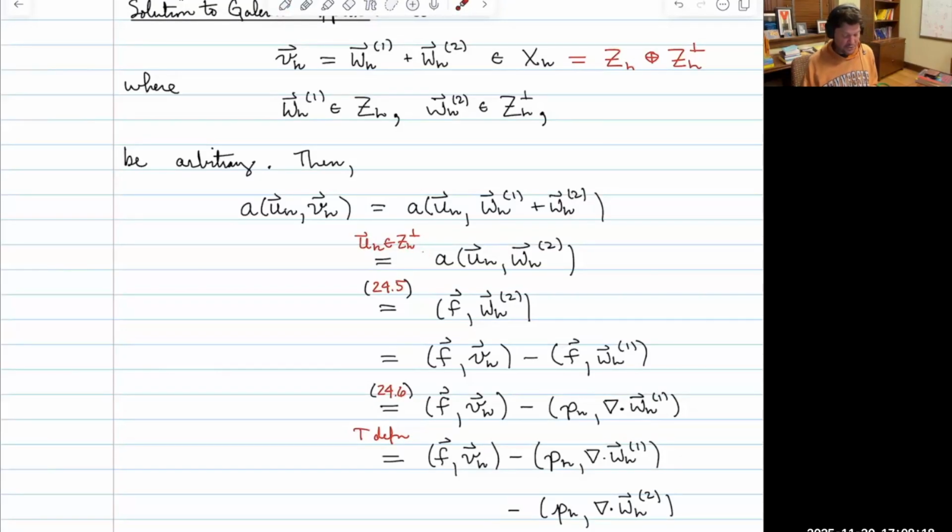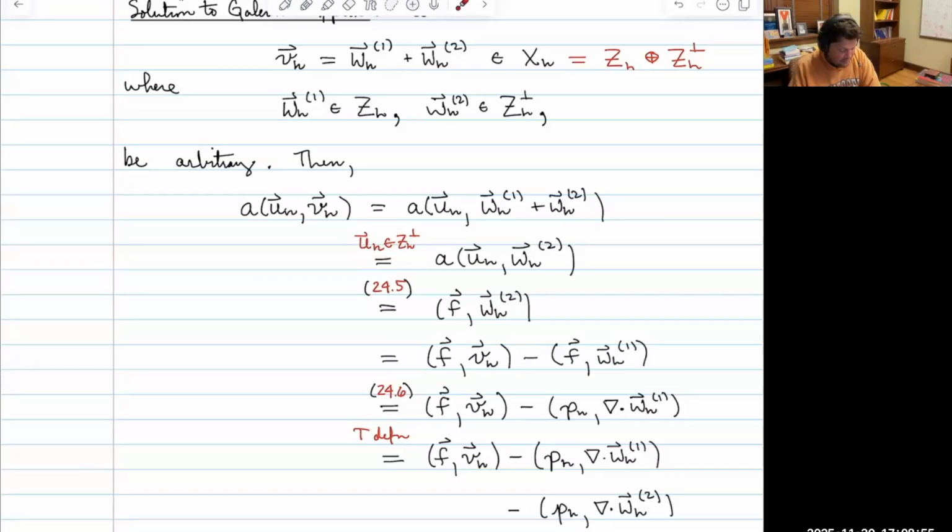If I look back at the solution of 24.5, UH had to be from ZH perp. Well, if UH is in ZH perp, then it's perpendicular to anything in ZH. That part of the test function that's in ZH is certainly going to be orthogonal to UH in the A inner product. So that's why this term goes away. That's because of the orthogonality.